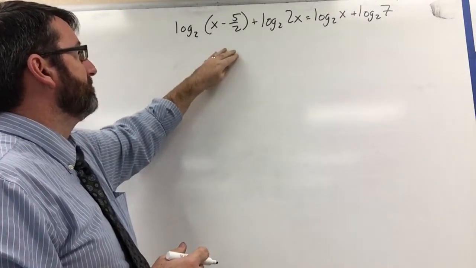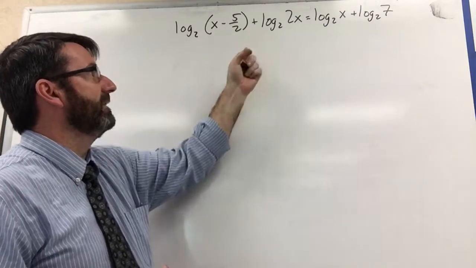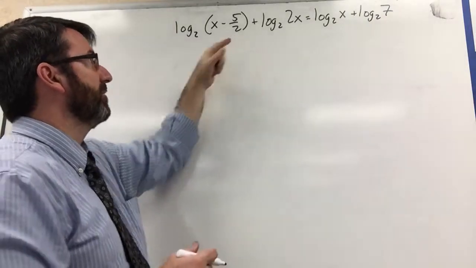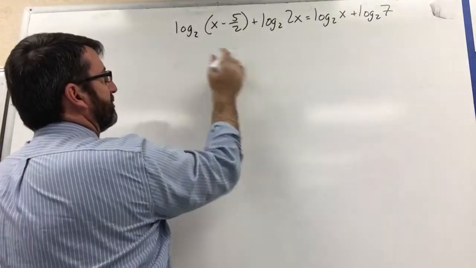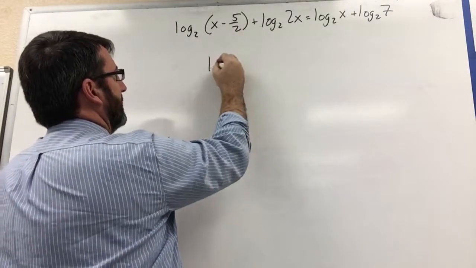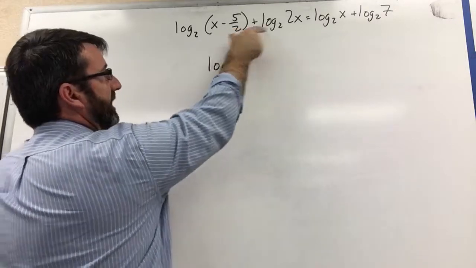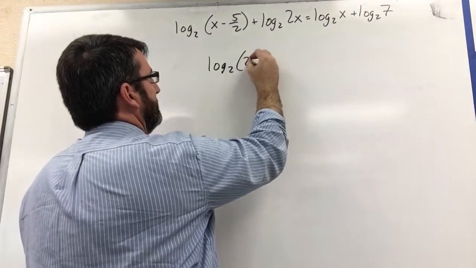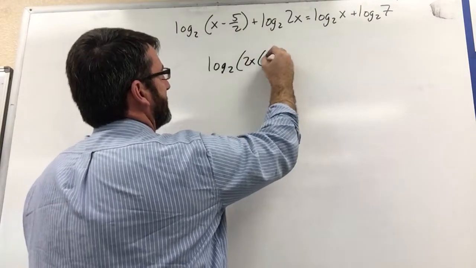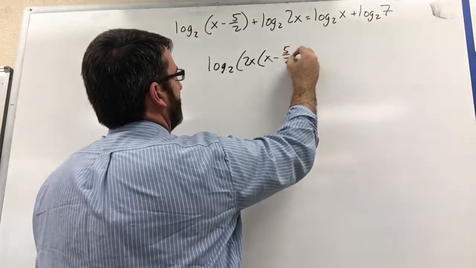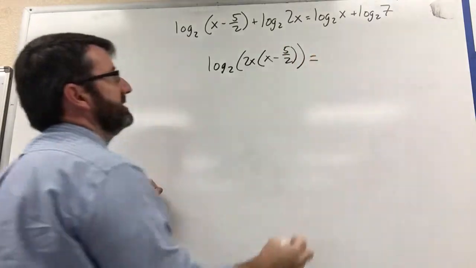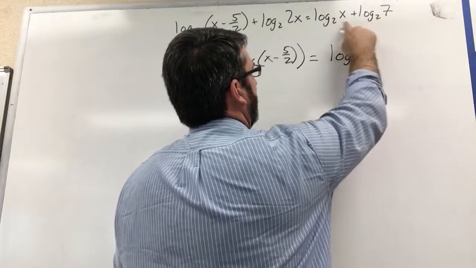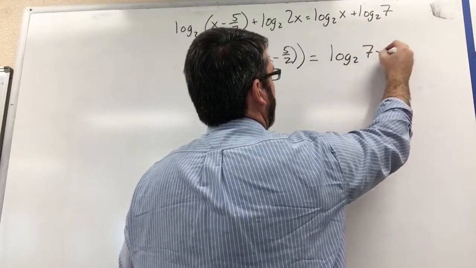So over here, since we're adding, well, in both cases, since we're adding, we're going to use the product property, which says that we can condense these into one log base 2, if we multiply these two together. So log base 2 of 2x times (x minus 5 halves) is equal to, on this side, log base 2 of x times 7, so 7x.